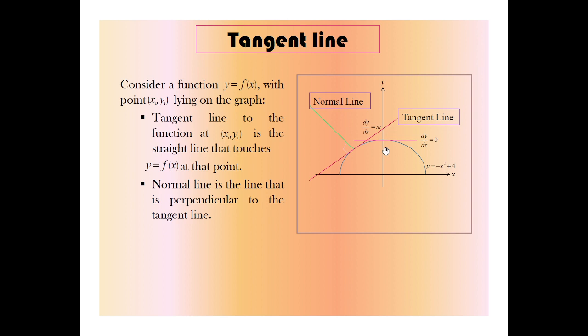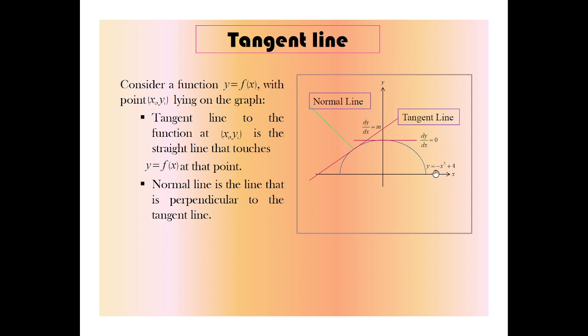Okay, so for this blue curve, we can have straight lines. The first one is the straight line at this one, you can see my cursor here. This red line represents your dy/dx equal to 0. dy/dx also means the gradient; it has the same meaning as the gradient.